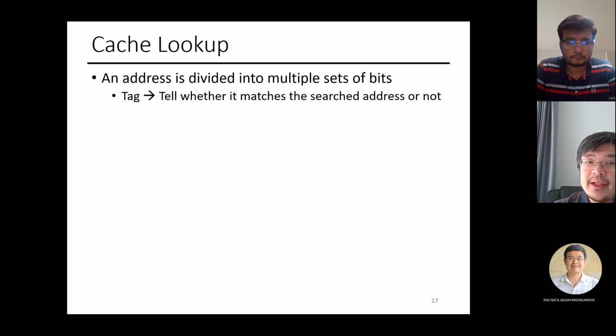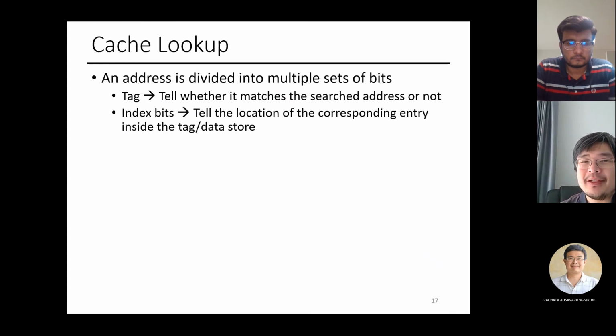There's a region where I have the tag. The tag basically is a name. It tells whether I have my data there or not. It can be someone else's cache block completely. So if the tag is not matching, it means your data is not in that set. There's a region called index bit that tells the location of my set.